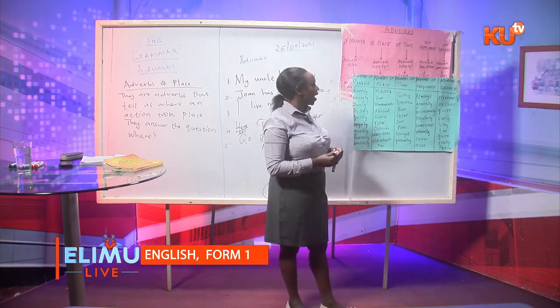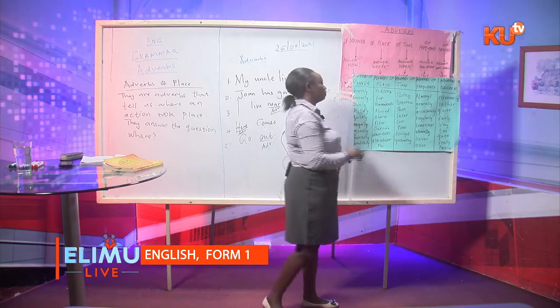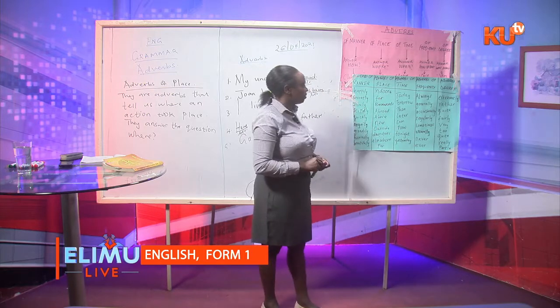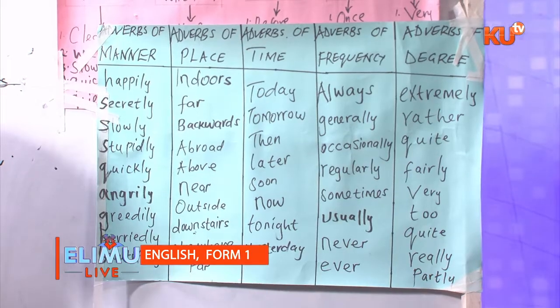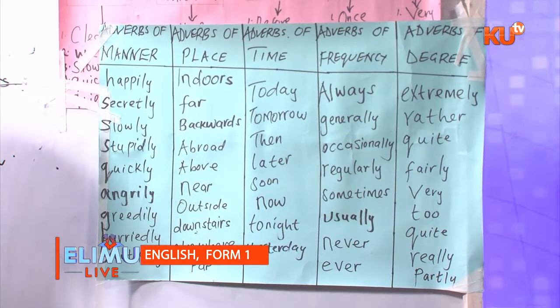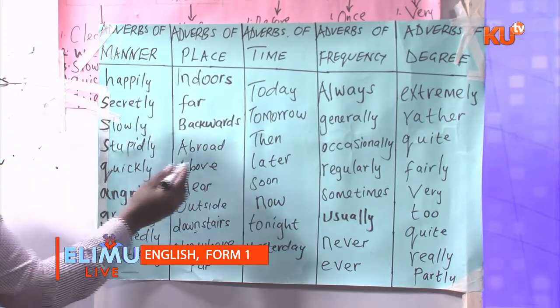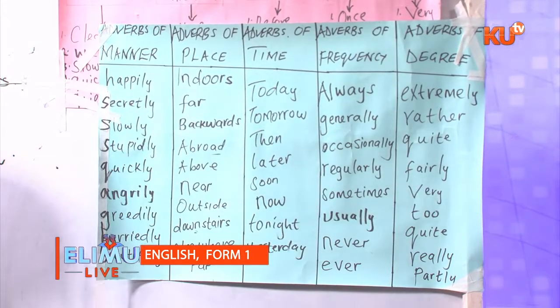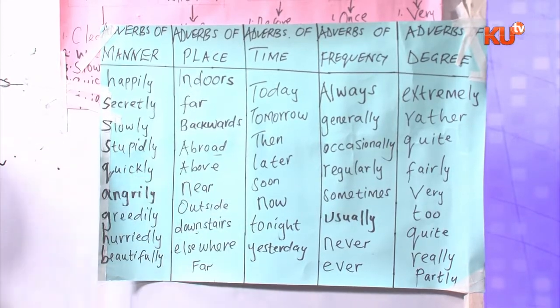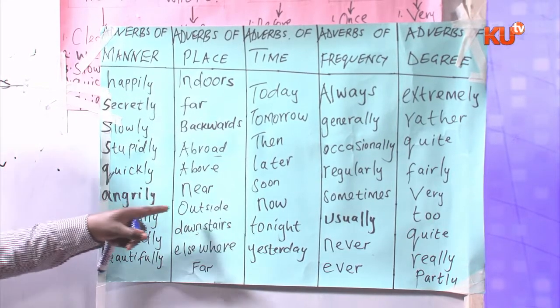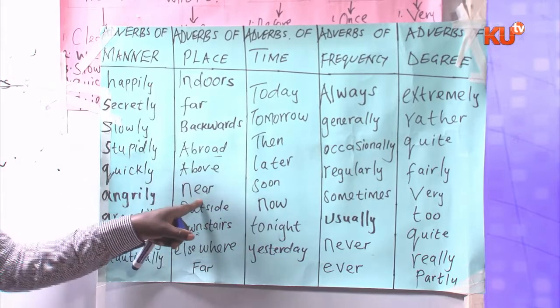We have the word indoors. We have the word far. We have the word backwards. We have the word abroad, which we have already used. We also have the word above. We have the adverb near.